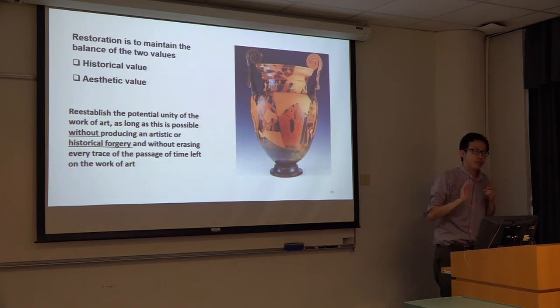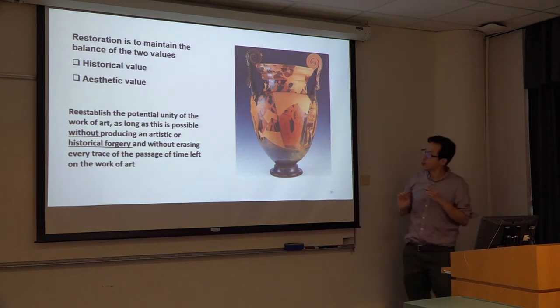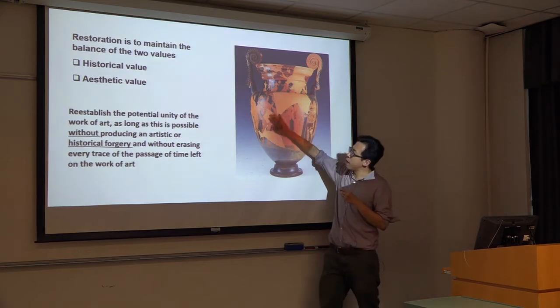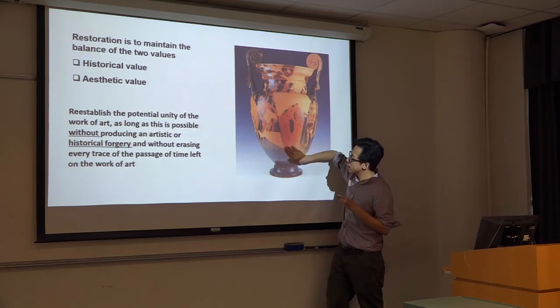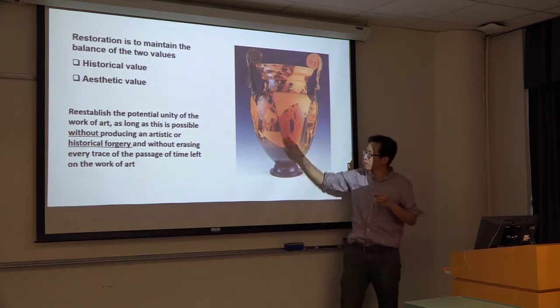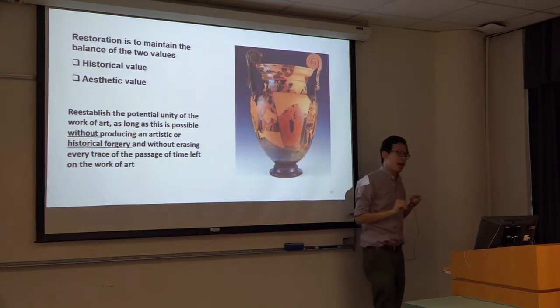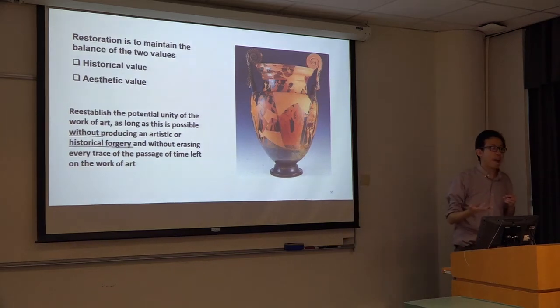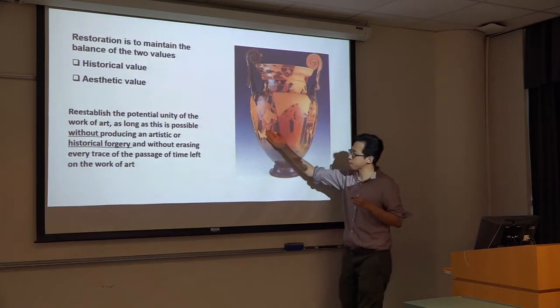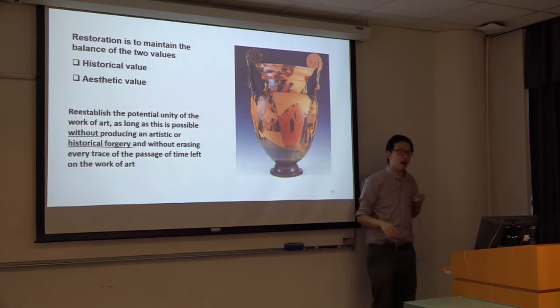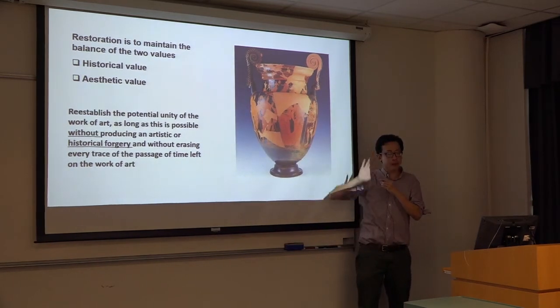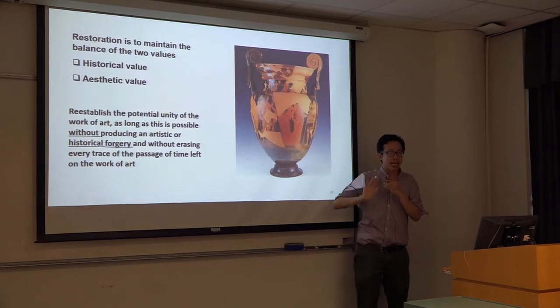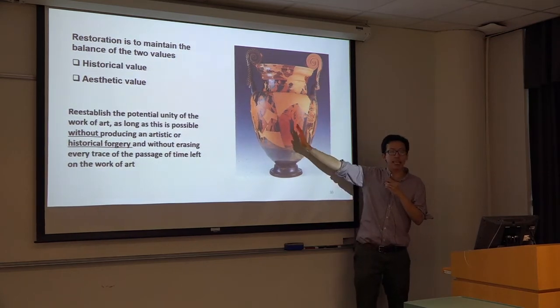And third, reversible. Reversible means if I realize that, for instance, this piece is wrong, the shape should not look like this, there were some mistakes during the conservation, later on a conservator can take this part out without making any damage to the artifact.